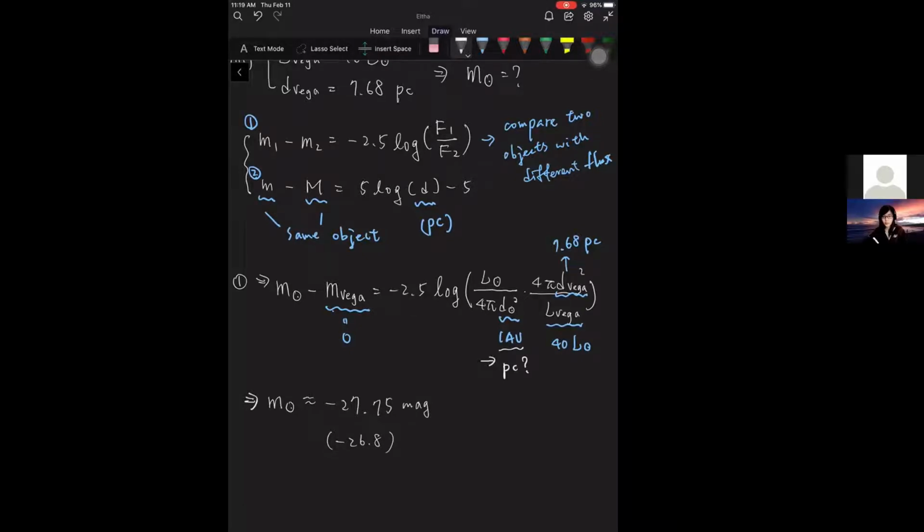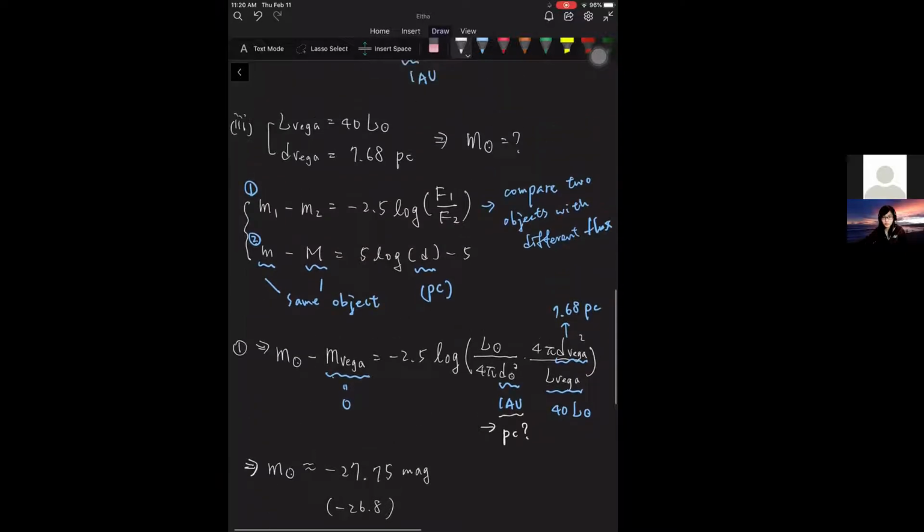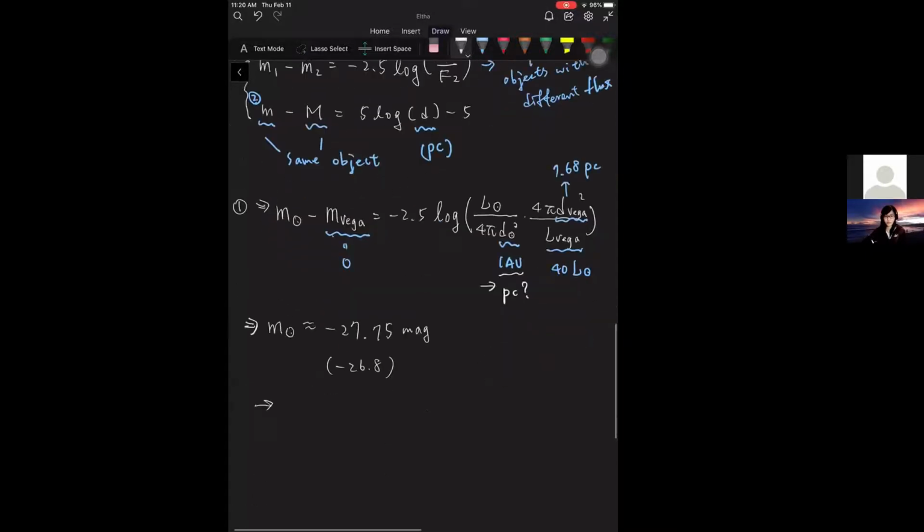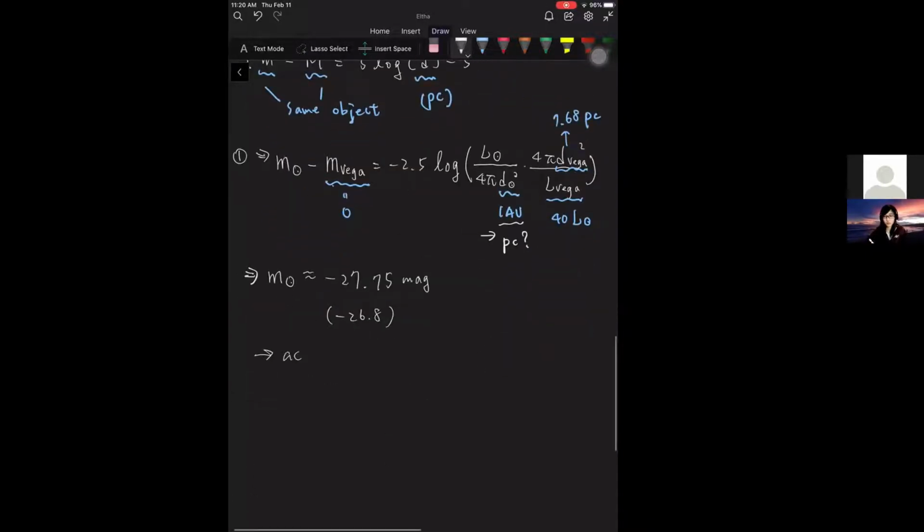But the actual magnitude of the star or the sun varies with different bands, and we're not specifying which band of the flux we're working on here. So just a note to remember that the actual magnitude would vary by band.